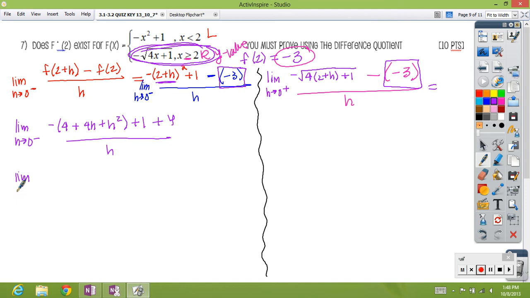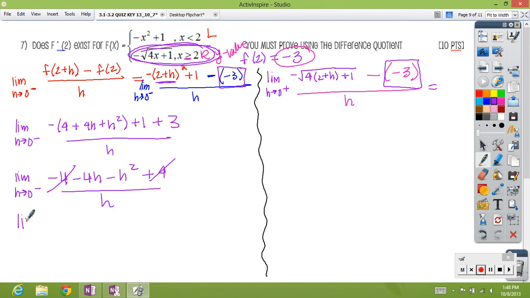Limit as h goes to 0 from the left, the negative 4 minus 4h minus h squared plus, see, I didn't mean to put a plus 4, that was supposed to be a plus 3, plus 4 all over h. So those cancel.